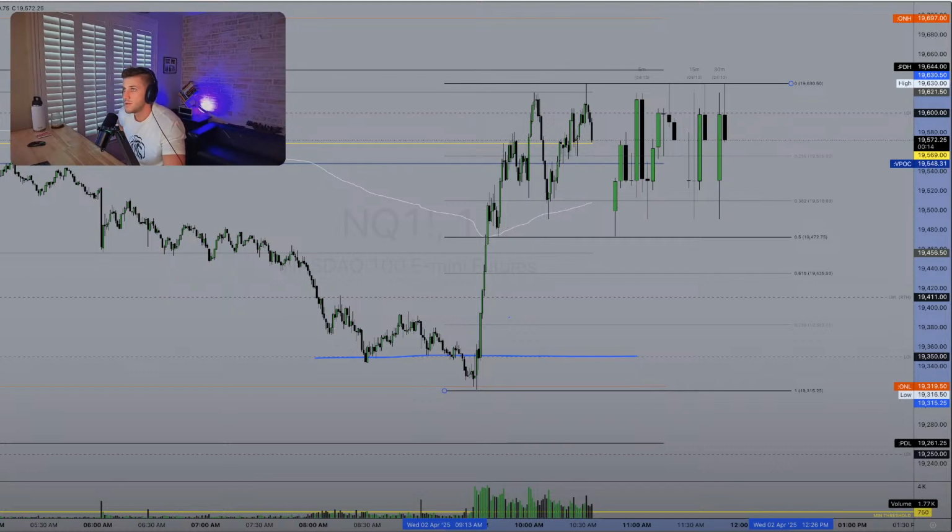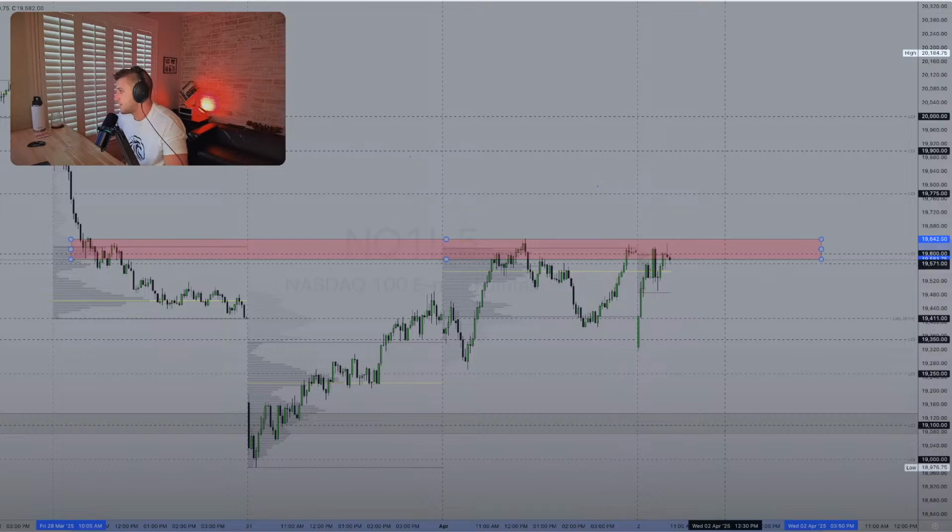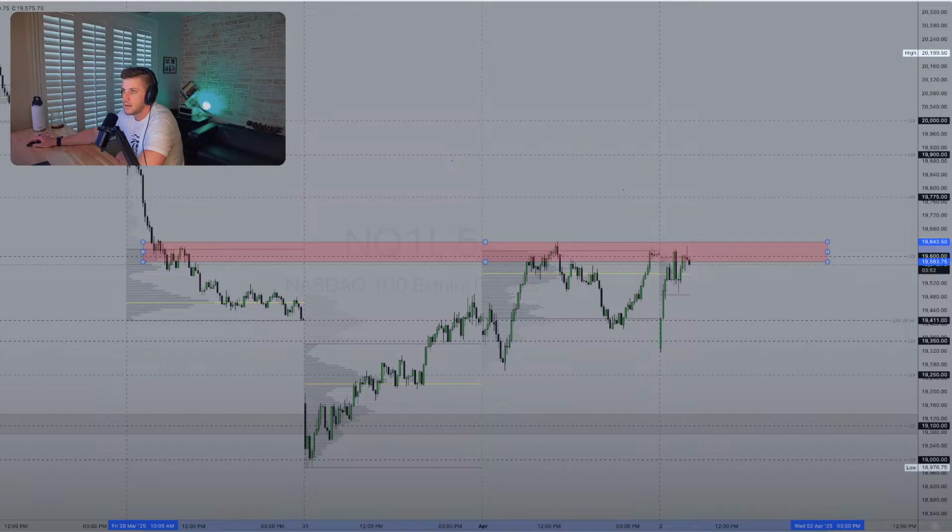So NQ, no sustained action above the 600. Still some weakness here near that key resistance zone. I think I'll call it a morning right there. I'm going to keep an eye on this area. I like to see price up and through this area, based on higher time frame context, or down into, like I said earlier, the 411, 350 area.